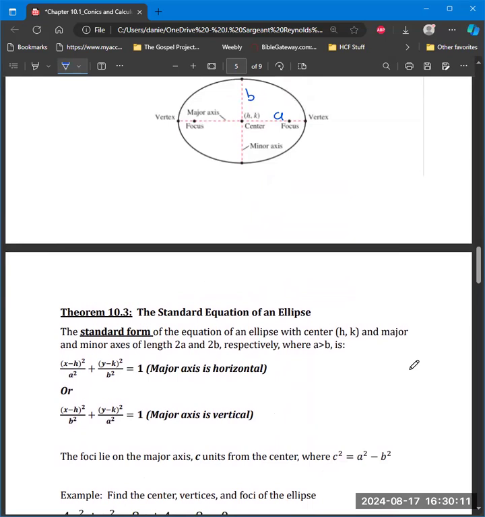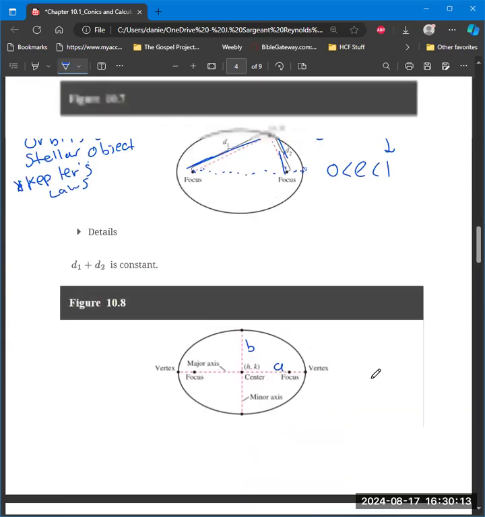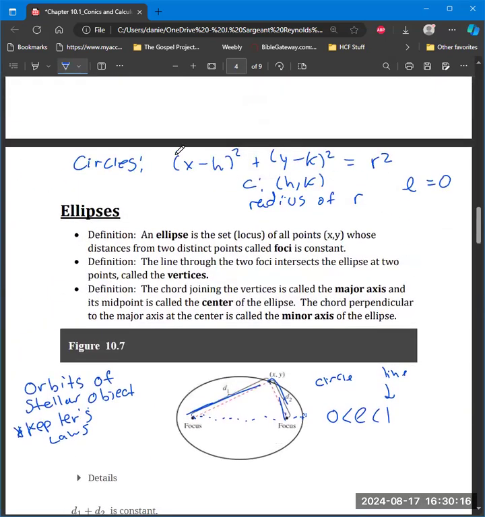So the standard equation of an ellipse looks very much like the equation of a circle. I've just divided through by this quote r squared, but r squared is not the same for both of them because there was a constant that was different out in front of this part, x minus h squared, and a different constant out in front of this y minus k squared.